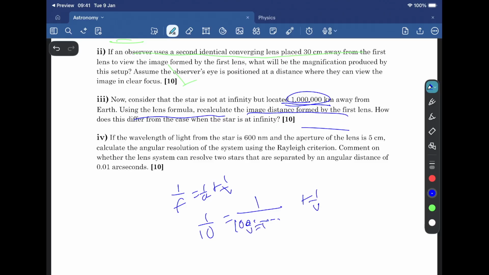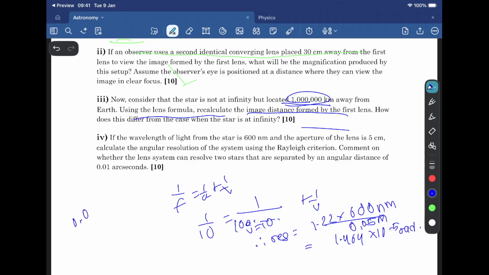So we have v as 10, therefore we get the resolution as 1.22 at 600 nanometer wavelength and 0.05 meter diameter. Then we get 1.46 times 10 to the power minus 5 radians, right? So we know 0.01 arc seconds will be 1 by 360.123 degrees, and we could calculate the counterparts.